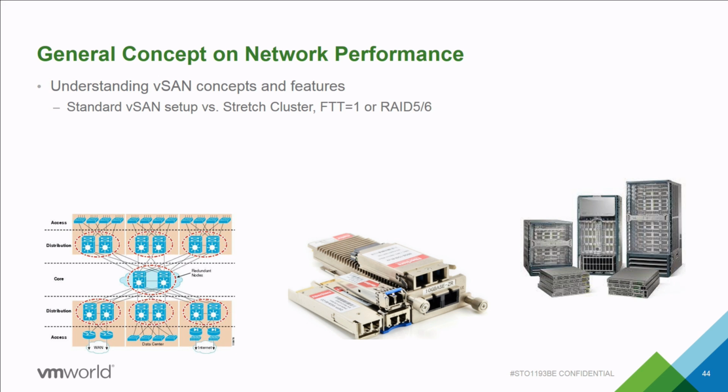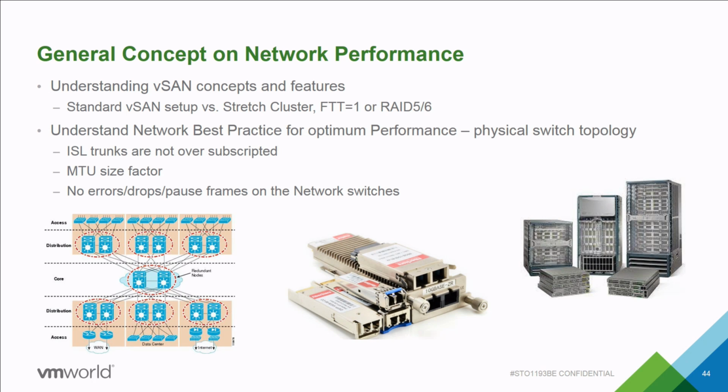But you have to understand the solution as well, because different fault tolerance levels mean a different amount of I/O on the physical links. Fault tolerance 1 introduces a maximum of 2 streams. If you look into RAID 5, you need 4 hosts, but you distribute across those 4 hosts. RAID 6, 6 hosts. So those things are very important to think about, because latency is then really important.